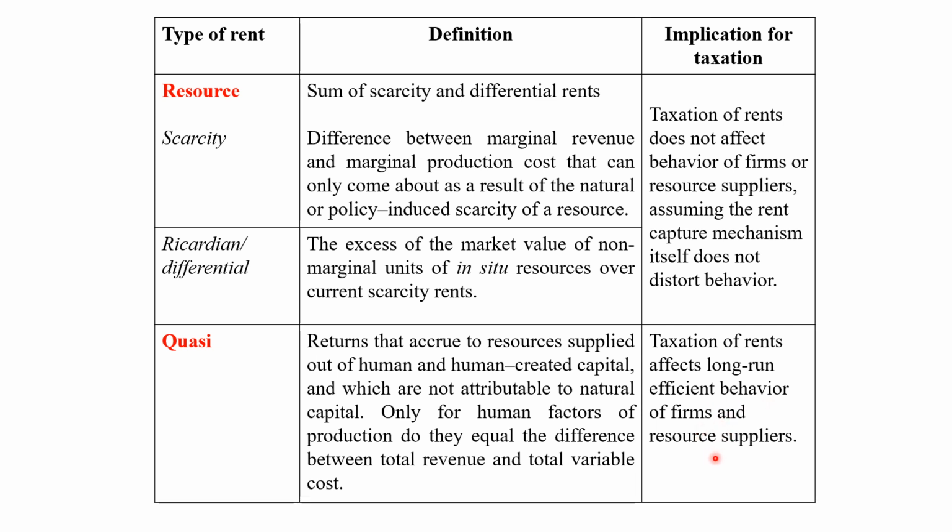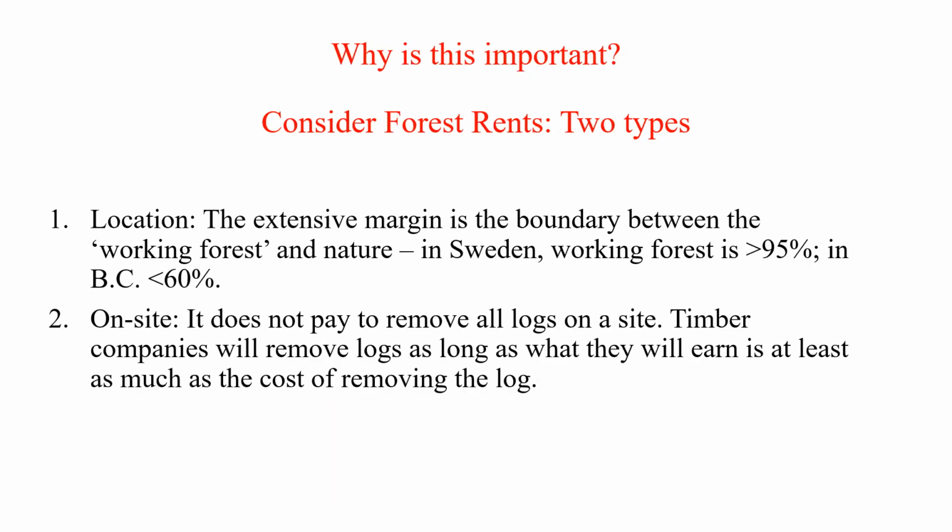For example, if the government of British Columbia were to impose taxes on forest companies that exceeded the taxation on resource rents, but rather began to chew away at their quasi-rents, then what they would do is stop investing in the industry. So again, why is this important?